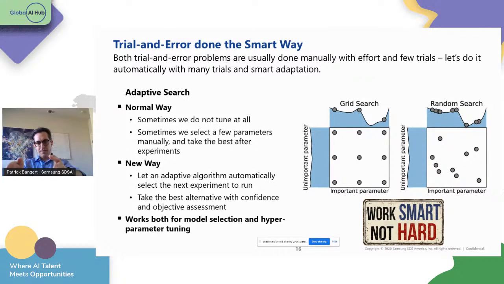On the image here, I drew, of course, a 2-dimensional grid because that's the screen I've got available. But in real life, it would be a 4, 5, 6-dimensional grid where I might choose 3 or 4 points in each dimension, and that means that I'm going to have to run quite a few experiments, right?